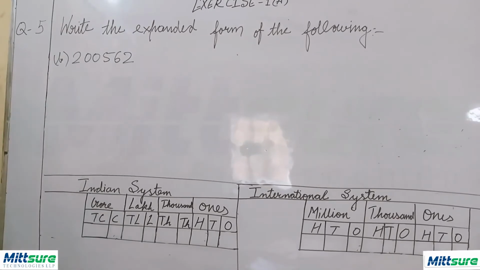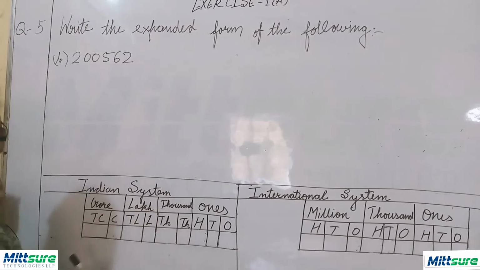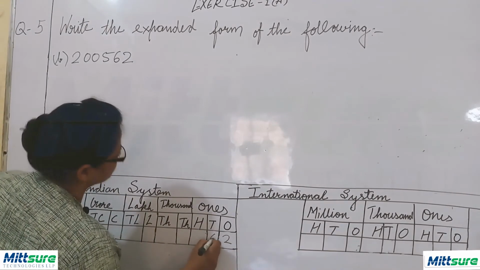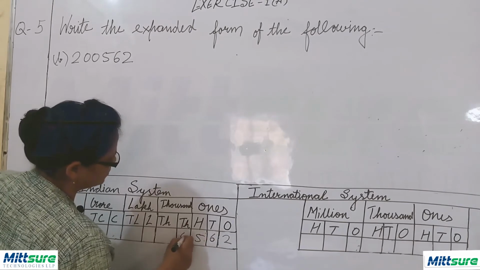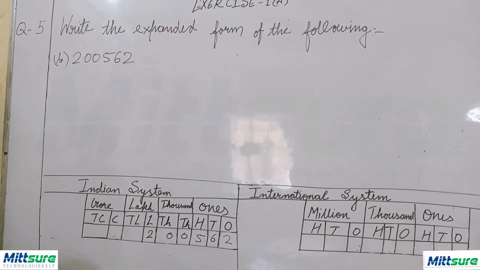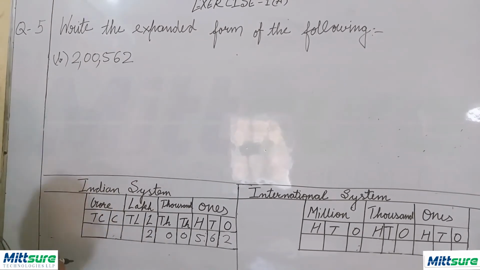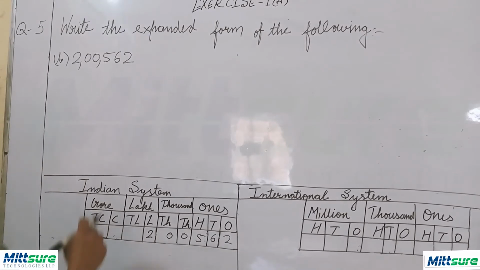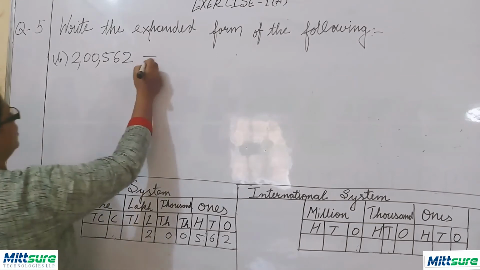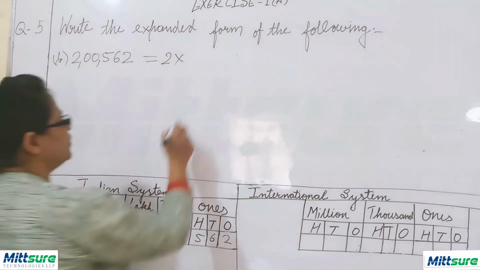Our next number is 2,00,562. If we put it in the Indian place value chart, it will be 2, 0, 0, 5, 6 and 2, so if we put the commas, it will be 2,00,562. Now we will multiply the face value and the place value. 2 is multiplied by, this is the place of lakh, so 1 lakh.